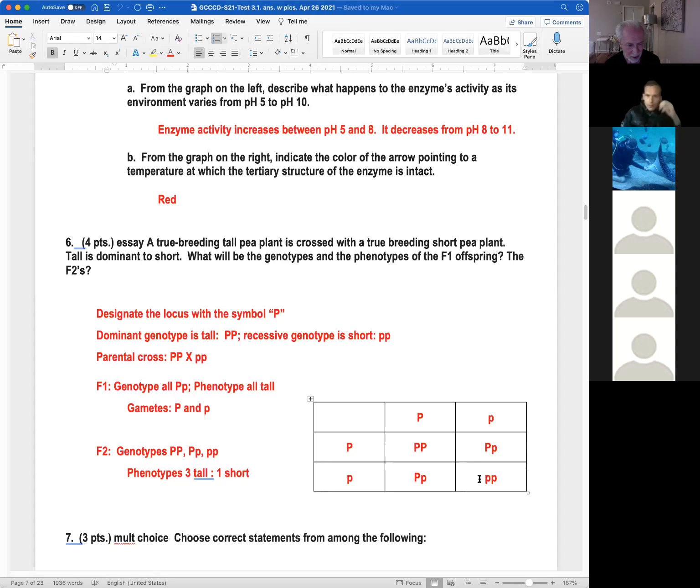So to answer the question, the genotypes are 1 to 2 to 1, one homozygous dominant, two heterozygotes, one homozygous recessive, and phenotypes would be 3 to 1, 3 tall to 1 short. So this is about the simplest type of cross that you can conjure up. It's called a monohybrid cross because there's only one locus involved.